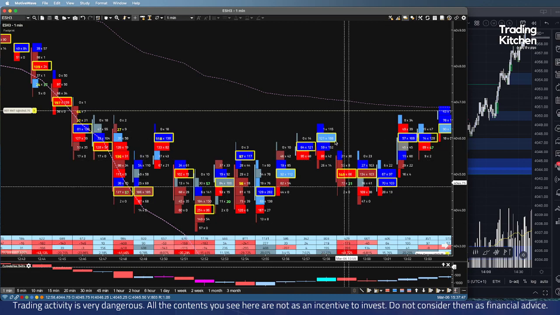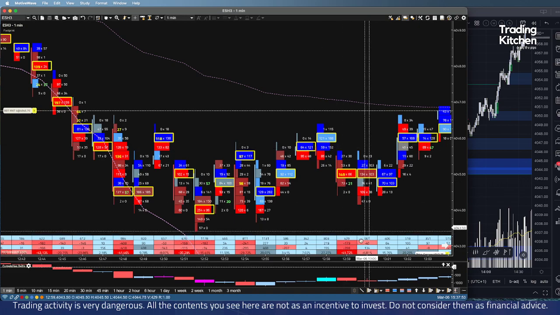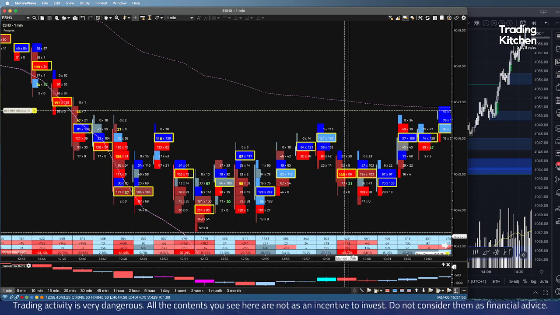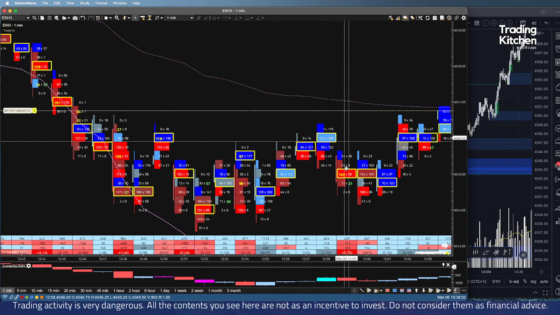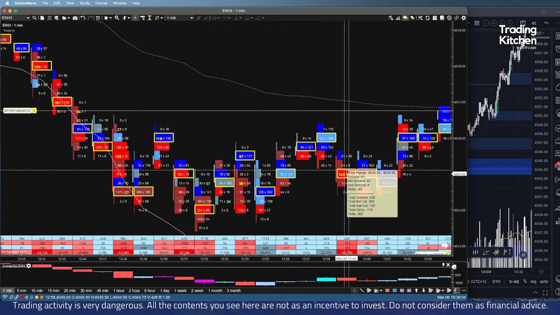But as you can see, look at the effort versus the result: a very high effort, a lot of movement, a lot of sellers coming in, but the result is very, very low.